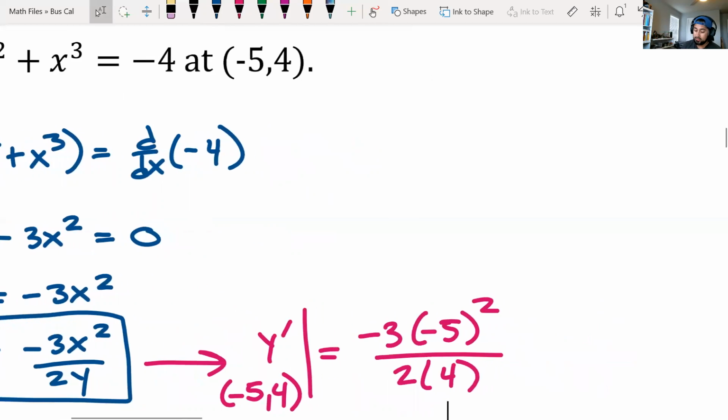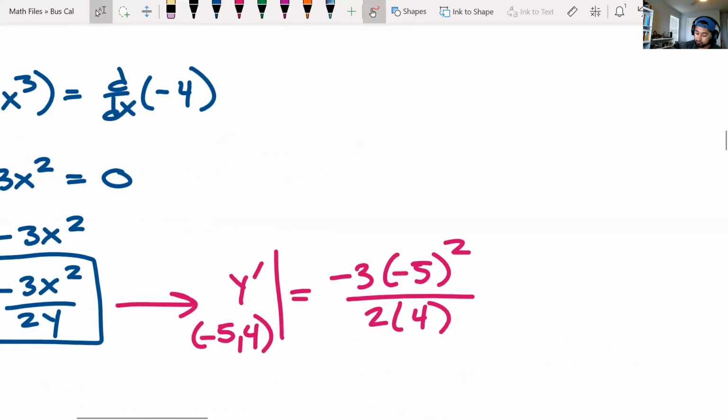And then just simplify. And you'll get negative 3 times 25, so negative 75 over 8. And I can leave it like that unless I wanted a decimal number, but I don't think you can break this down anymore.